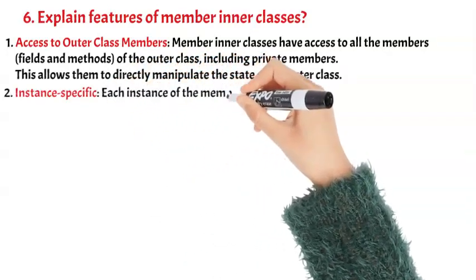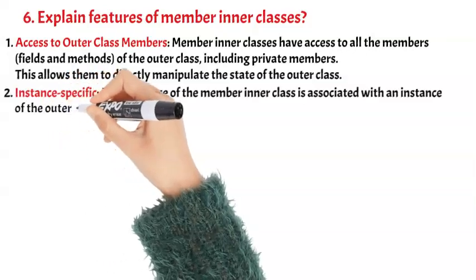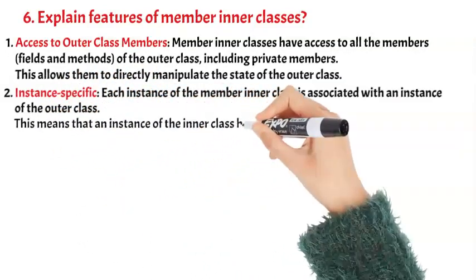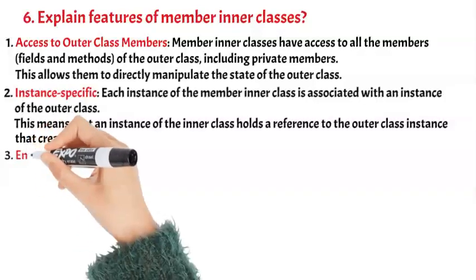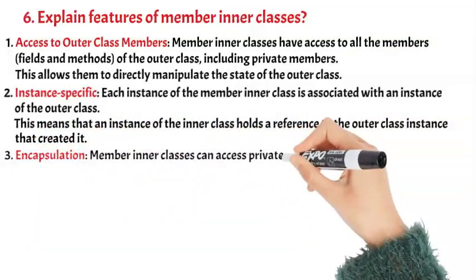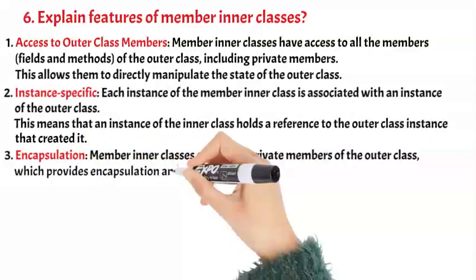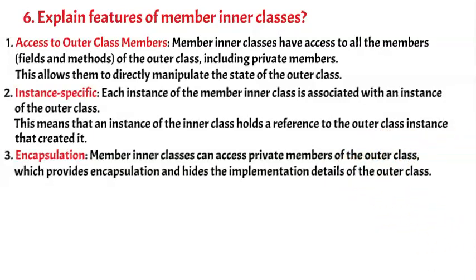Each instance of the member inner class is associated with an instance of the outer class. This means that an instance of the inner class holds a reference to the outer class instance that created it. 3. Encapsulation. Member inner classes can access private members of the outer class, which provides encapsulation and hides the implementation details of the outer class.